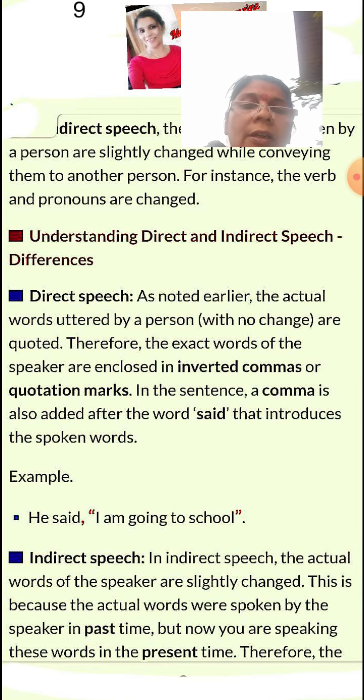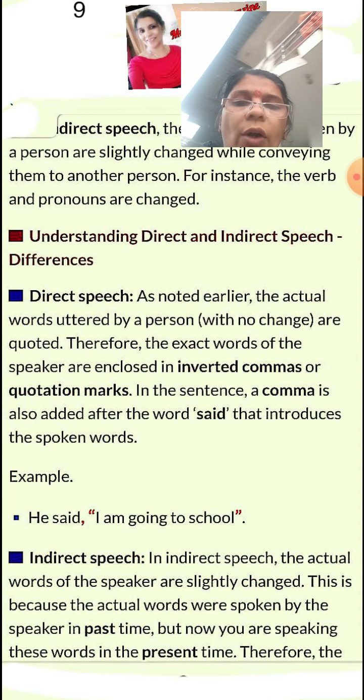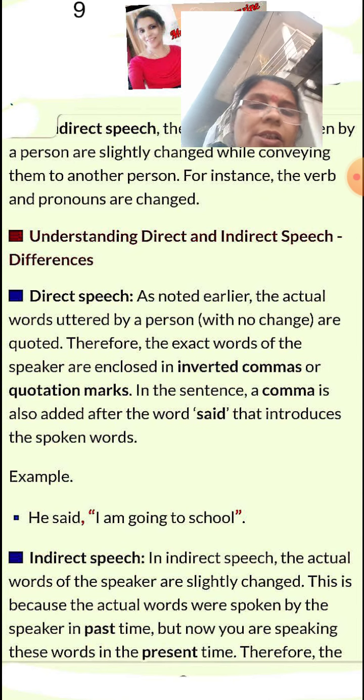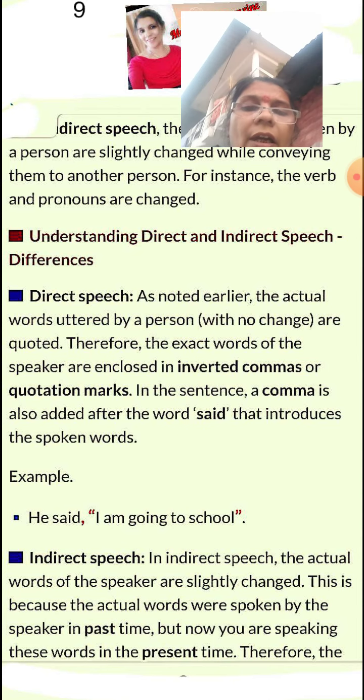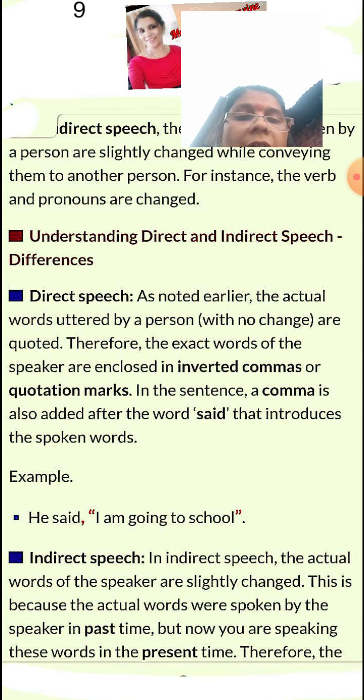Direct speech: the actual words uttered by a person with no change are quoted. Therefore, the exact words of the speaker are enclosed in inverted commas or quotation marks.